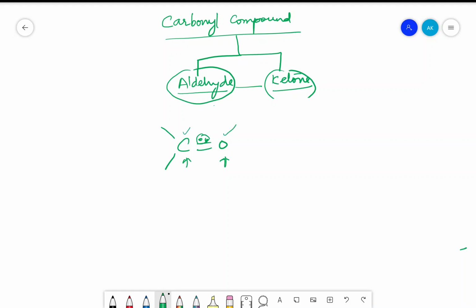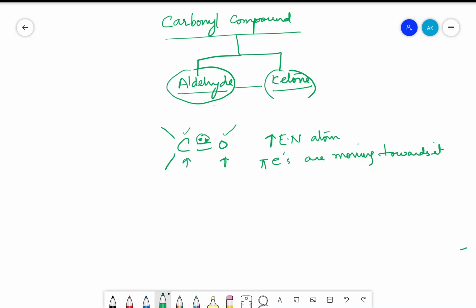In fact, they are more inclined or more pulled towards the more electronegative atom. The electrons, that is pi electrons, are moving towards it.